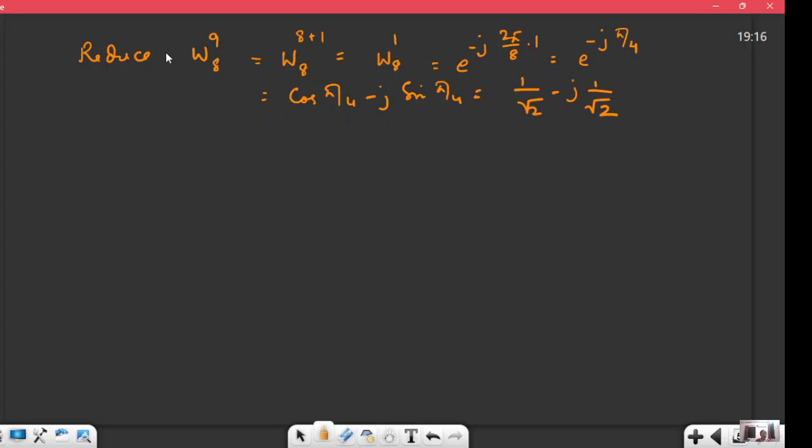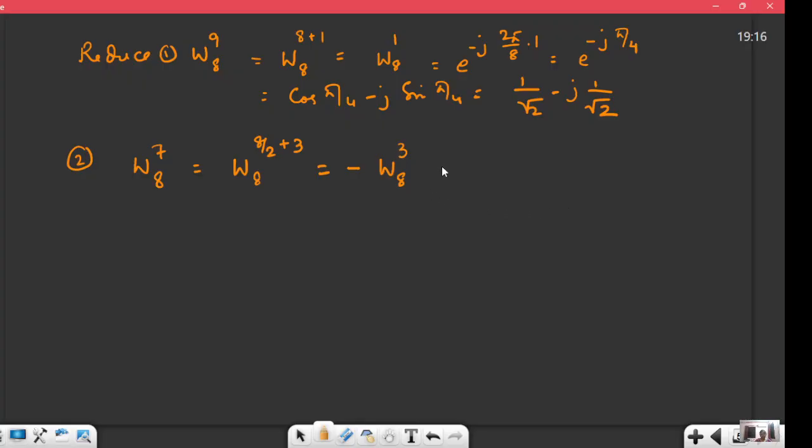So this is 1. Another reduction we can see, this is your W power 7. So we can write it as W8, 8 by 2 plus 3. This is the symmetry property, so it will be minus of W8.